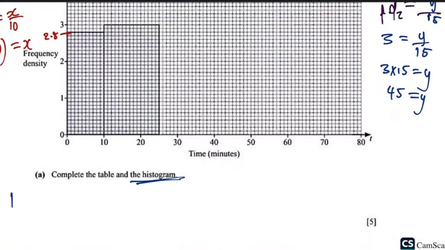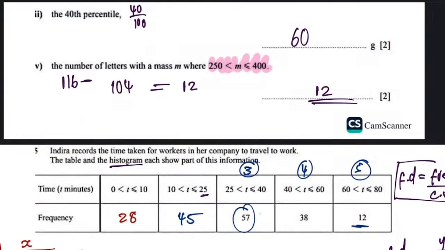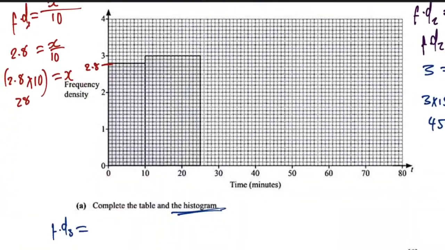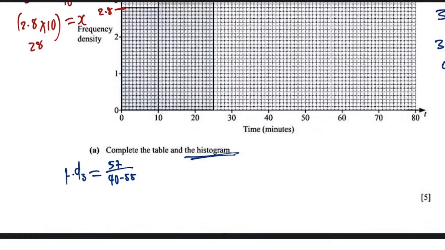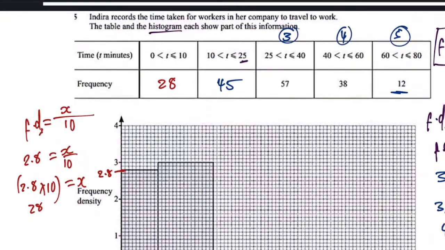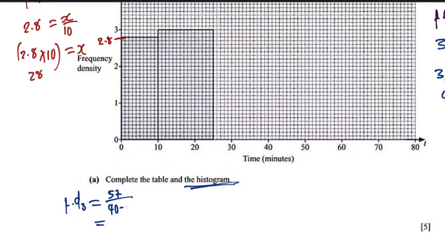So find it on the third one. You say, okay, frequency density of the third one is equal to, what is the frequency? 57 over the class width, 40 minus 25. This is 3.8.